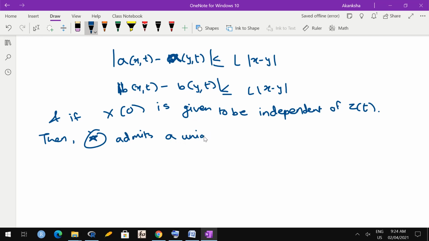So there exists a process which satisfies that differential equation, and that process is unique. Okay, and that process we will call an Ito process.